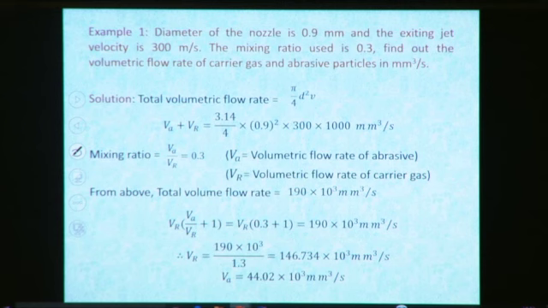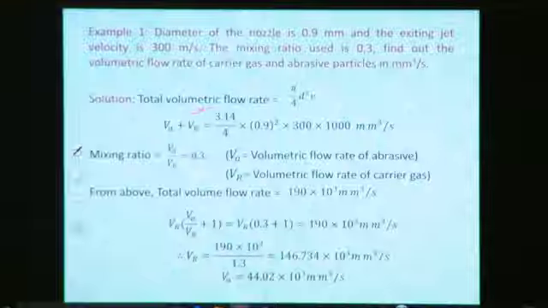Okay, the abrasive air jet will give the total volume flow rate. So the total volume flow rate is a summation of the abrasive volume flow rate, and here is the volume flow rate of this carrier gas.